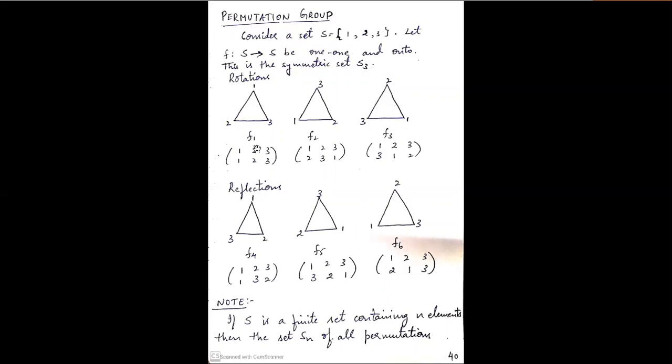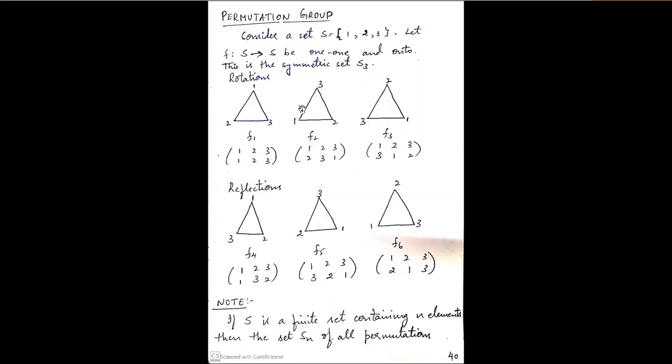All these functions are one-one and also onto, because every element in S is mapped uniquely and has a pre-image. So these are the functions f1, f2, f3, f4, f5 and f6, and these functions form the symmetric set, which is denoted as S3.